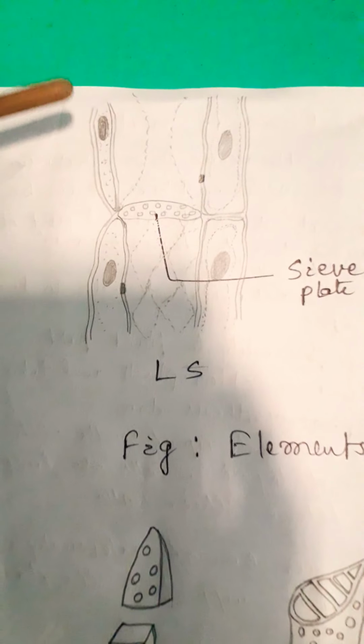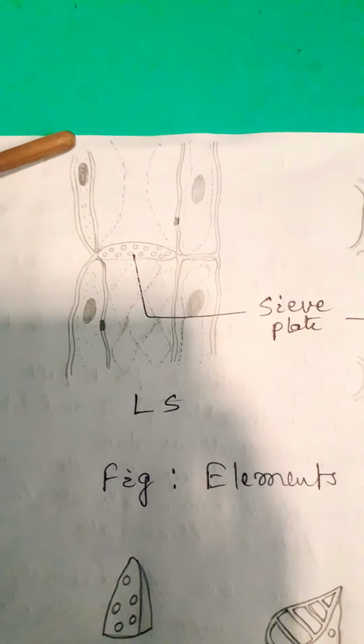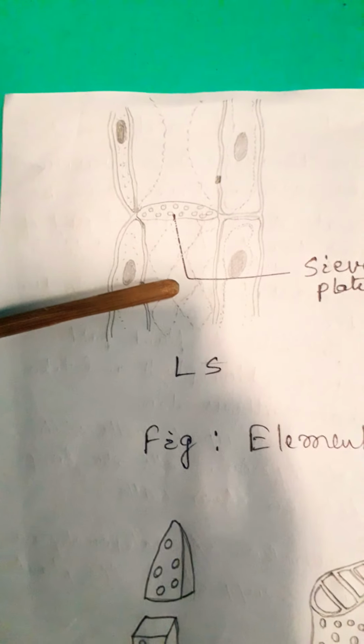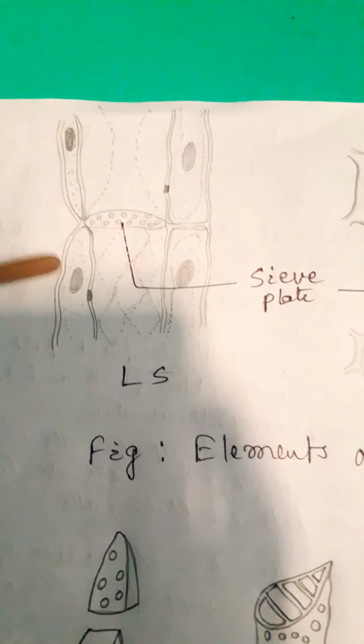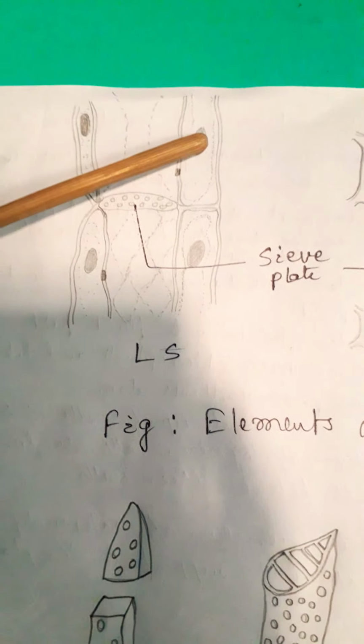You can see here in the diagram, this is the longitudinal section of a phloem element. Here you can see the sieve tube element, and just beside the sieve tube element you can see the companion cells.